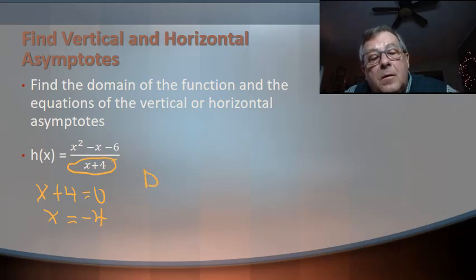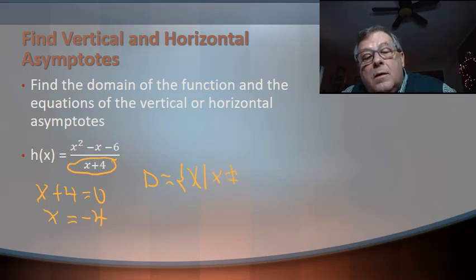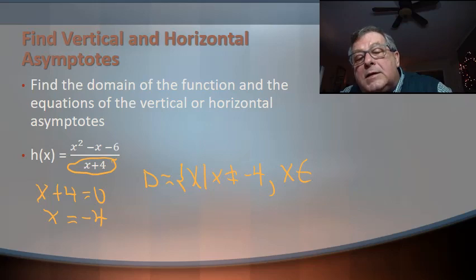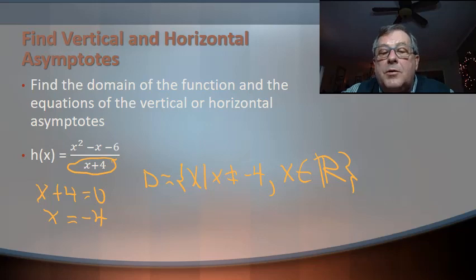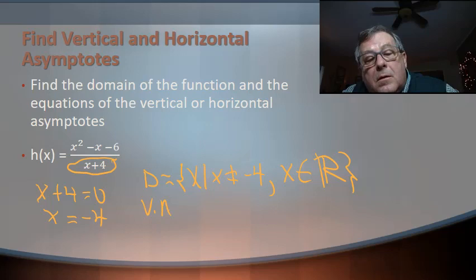I'm going to have D equals, put a bracket here, x such that x does not equal negative 4, but x is an element. Otherwise, x is an element of all real numbers. Make a little fancy R, double-bar R. And I'm going to say that my vertical asymptote, the equation for that, is x equals negative 4.